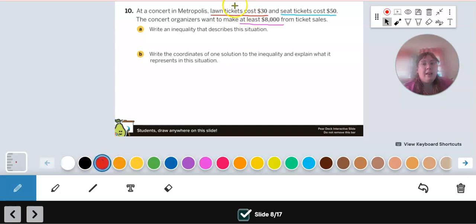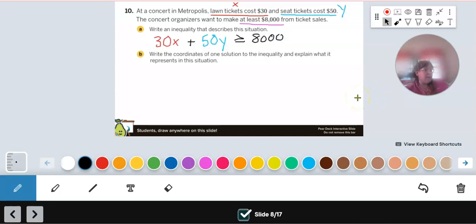So we'll say again that our lawn is X and our seat is Y. So lawn tickets are 30, so we have 30 times X is going to be all the money made from our lawn tickets, plus our seat tickets are 50 times Y, and when we add those together, we want to make at least 8,000. So hopefully more, but 8,000 is our minimum, so we want that to be greater than or equal to 8,000.